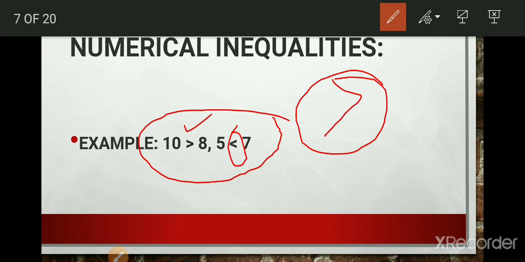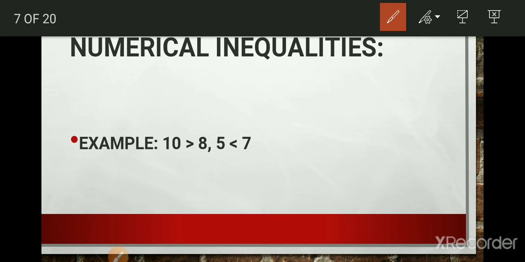Only numbers, 10 and 8, are involved in the expression. This is the first expression and second expression. The statement is converted into mathematical form. If only numbers are involved in the expression, then it is a numerical inequality.